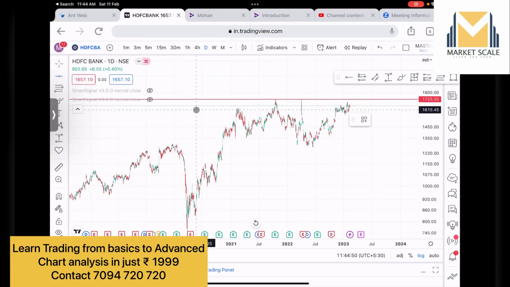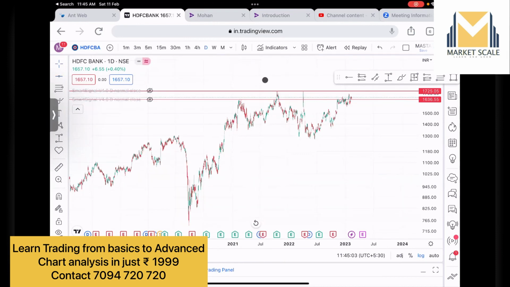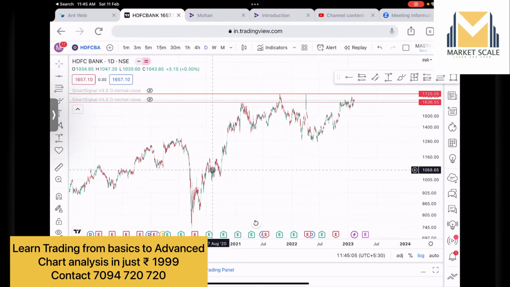So here, what happened at this zone? Market came up at this level. Market dropped. So what you have to identify is another resistance or support. If you are looking from the downside, this kind of level is called resistance. Resistance, yes.